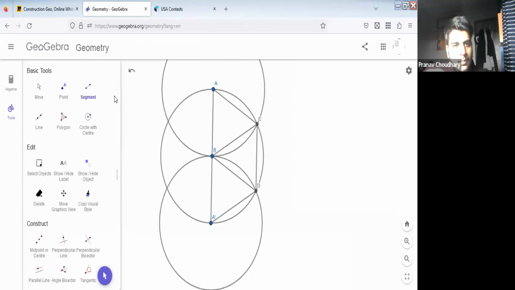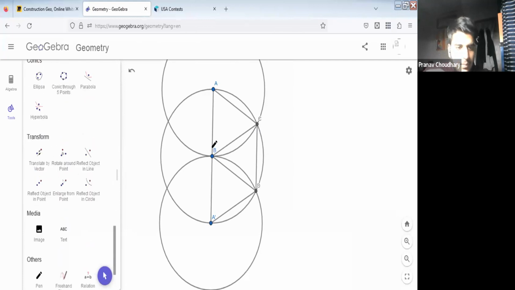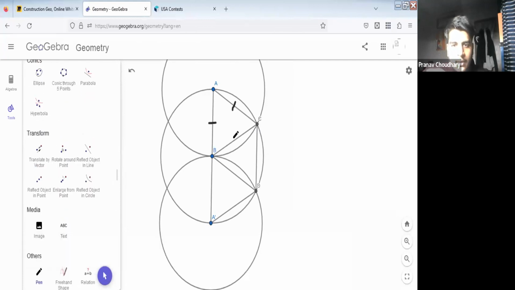I'll just draw everything for now. So notice that AB equals AC equals BC, and AB should equal BA dash equals A dash D equals BD. This angle is 60 degrees. This should be 60 degrees, and this is 60 degrees. So this should also be equilateral. Do you now see a way to construct D? Bro, you said CD equals CA dash.